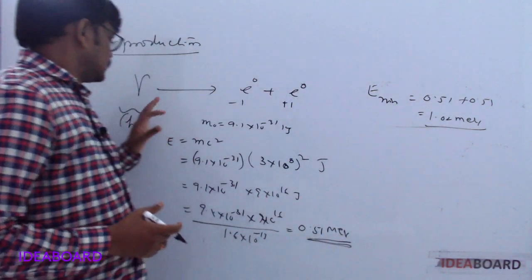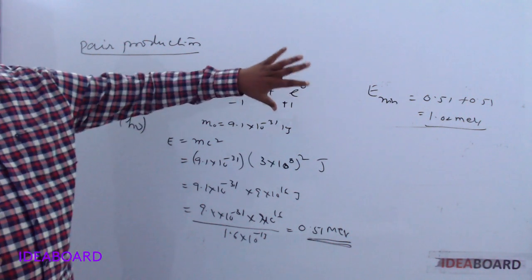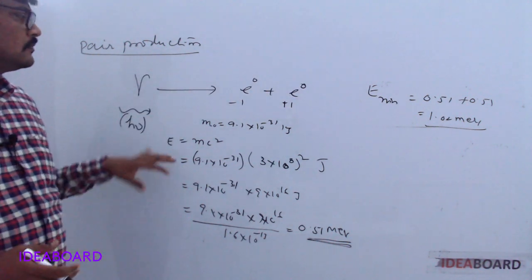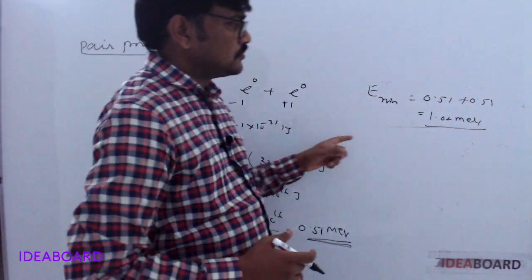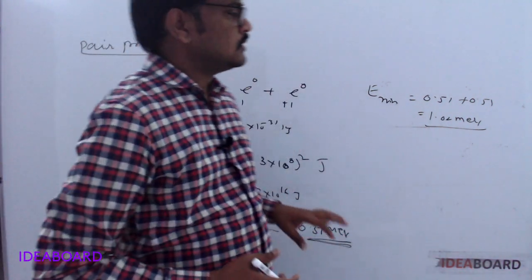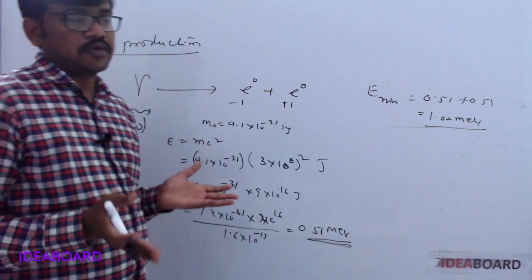If the incident gamma photon energy is less than 1.02 MeV, we get photoelectric effect or Compton effect. There is no pair production.